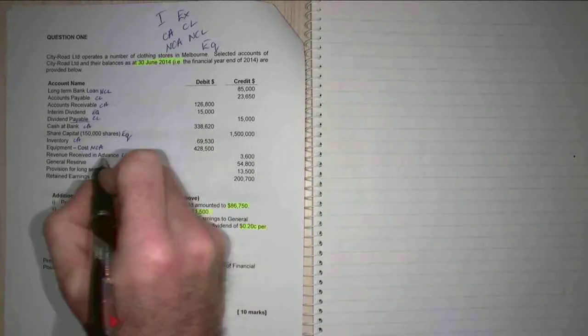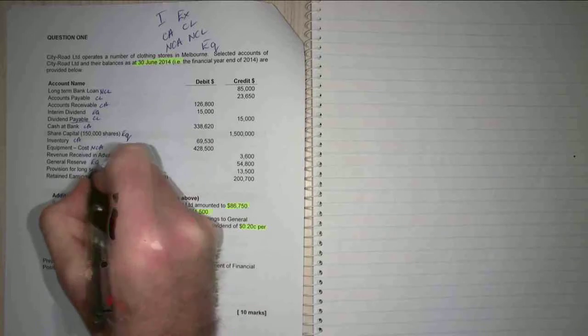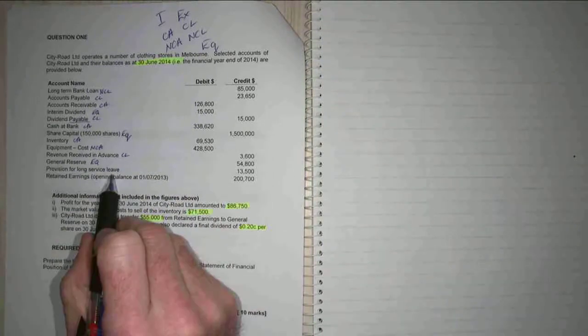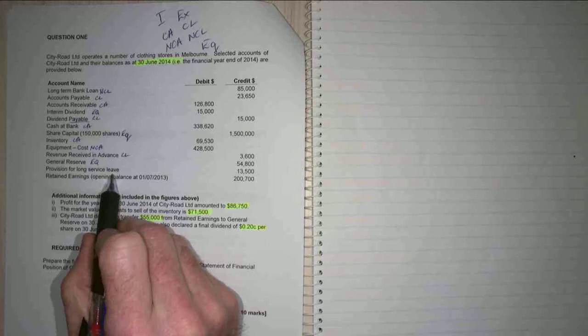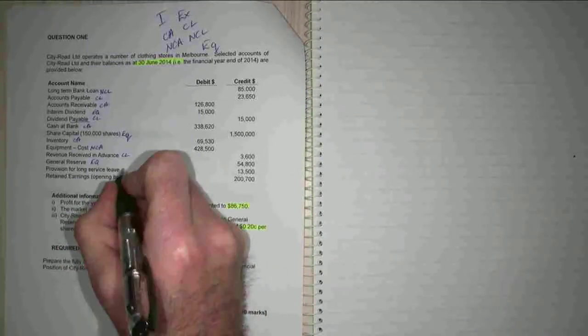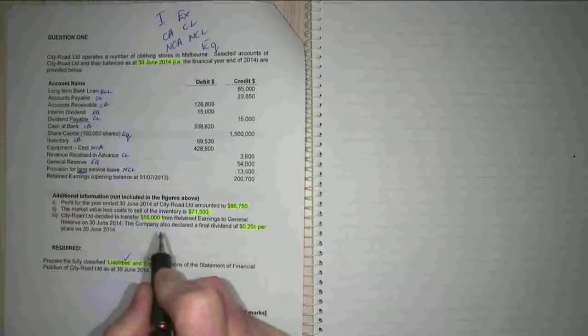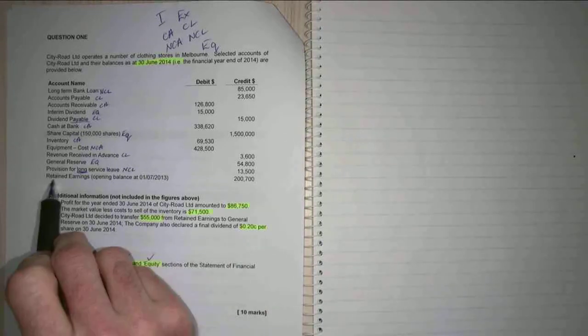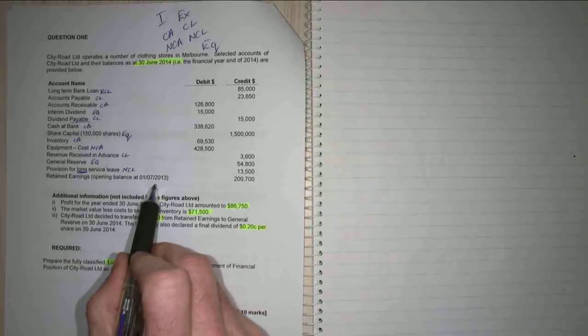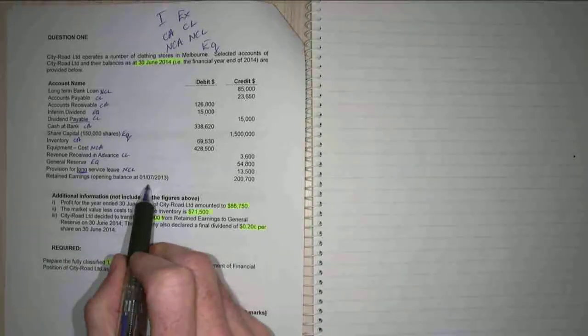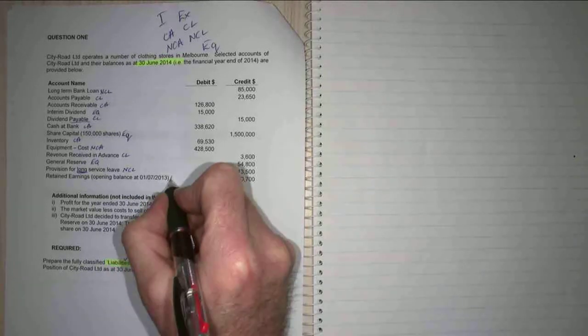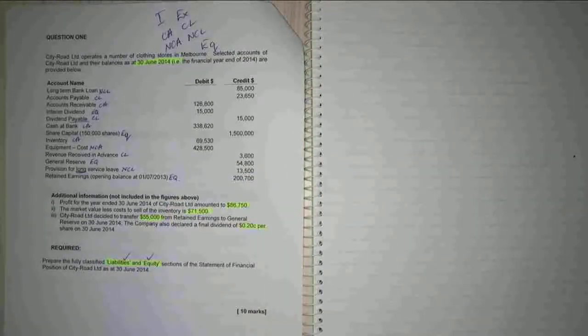General reserves was equity. Provision for long service leave. Ooh, this is a toughie. This is a non-current liability. Long service, non-current. Okay? And retained earnings, just the opening balance. Yeah, equity, that's right.